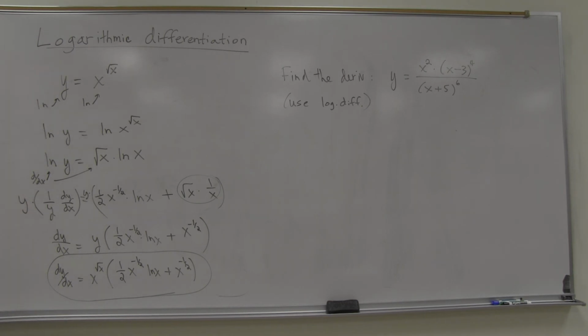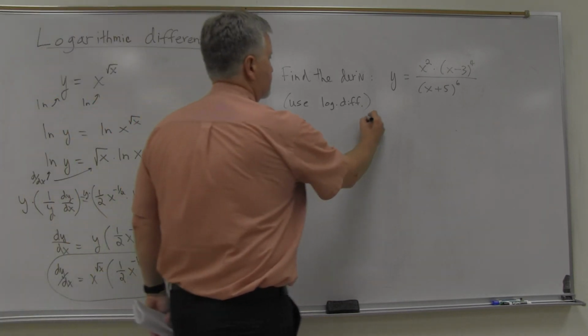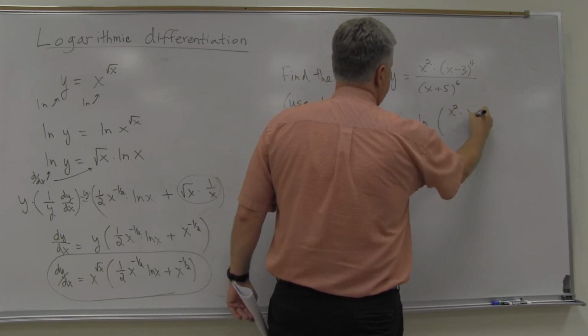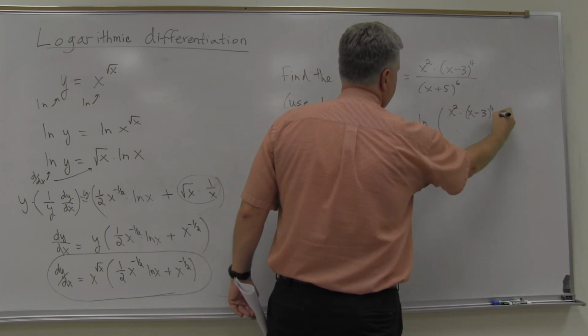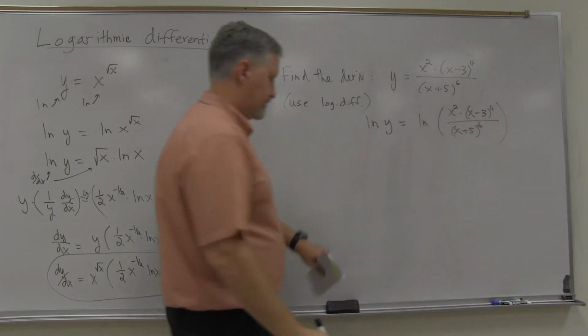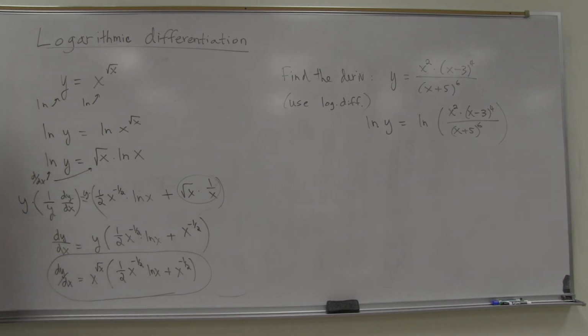Okay, so logarithmic differentiation, what do we do? Take the ln on both sides. So I have ln y, and that equals the ln of x squared times x minus 3 to the 4th over x plus 5 to the 6th. All right.